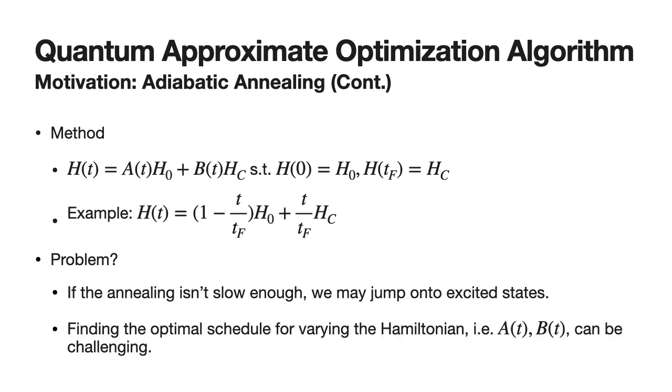Even if the system remains in the ground state, finding the optimal annealing schedule or path for varying the Hamiltonian H(t) over time can be extremely difficult for complex optimization problems. These obstacles have motivated researchers to explore alternative frameworks that can hopefully retain some of the power of adiabatic evolution while being more amenable to implementation on near-term quantum hardware.